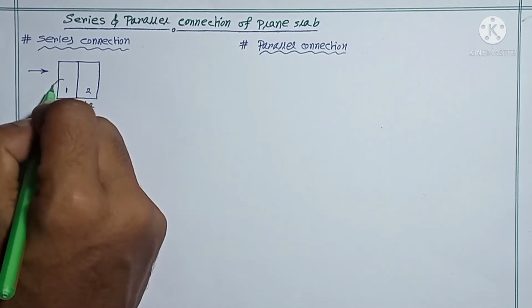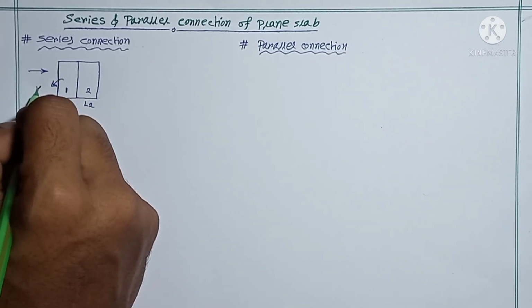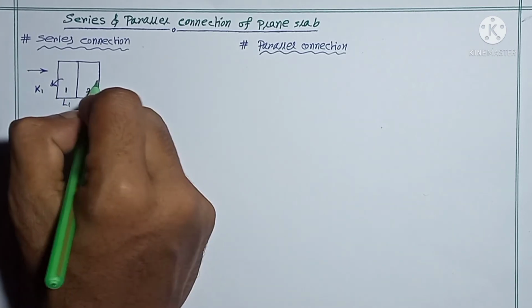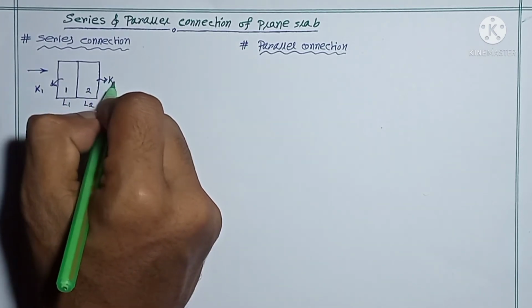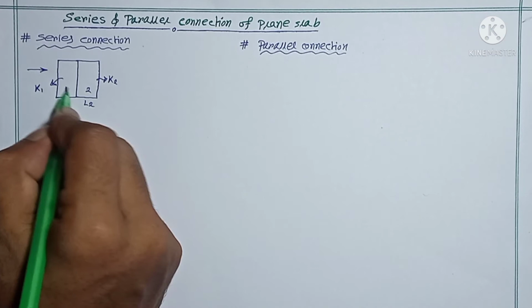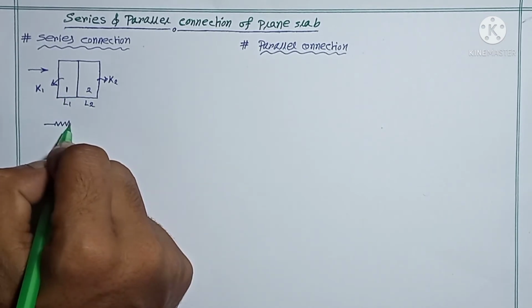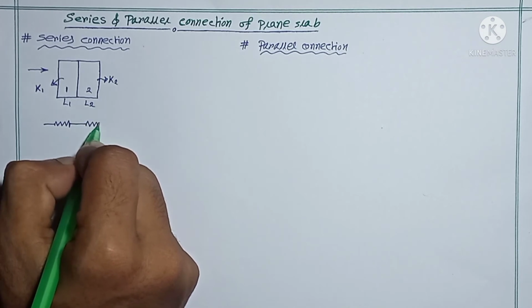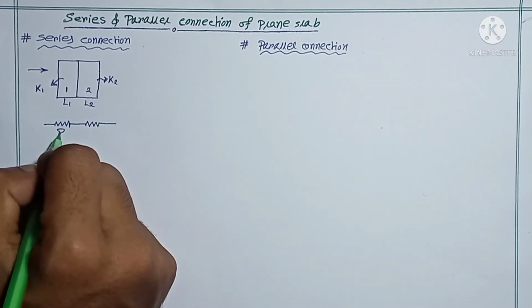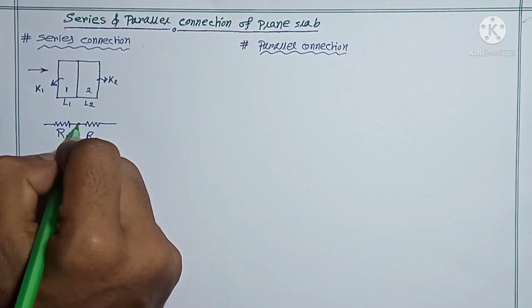Similarly, for slab 1 the thermal conductivity is K1, and for slab number 2 it is K2. We have to convert it into an electrical circuit. Suppose this is slab number 1, with resistance R1, and similarly for slab number 2 this is resistance R2, and this is the series connection.